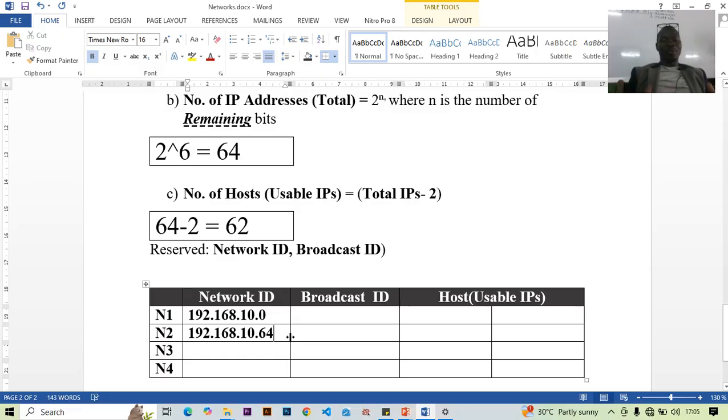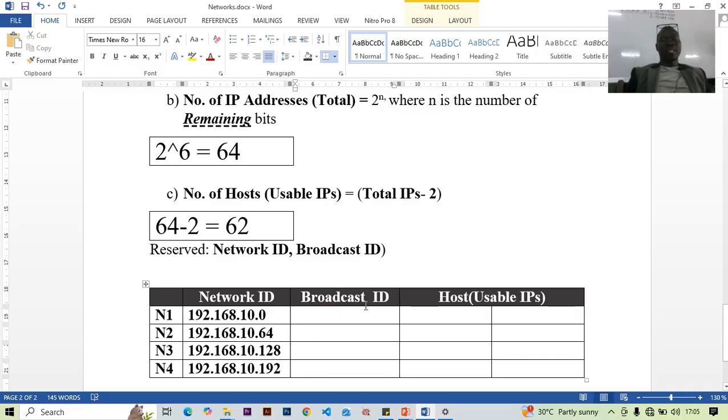However, in that network we shall have 62 usable IP addresses. So going to the third, all you have to say is 64 plus 64, which will give us 128. And then going to the fourth, we shall have 128 plus 64, which will give us 192. So we already now have all the network IDs for all the networks.